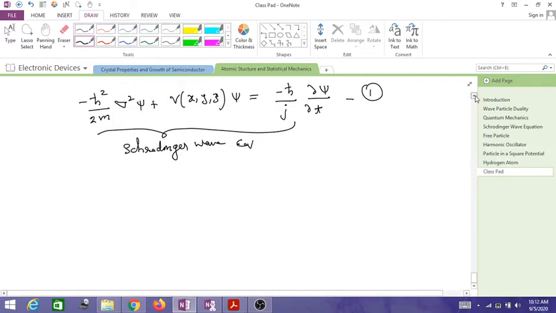So with this equation, we can understand the potential energy in terms of quantum mechanics, and it links to the real world application.